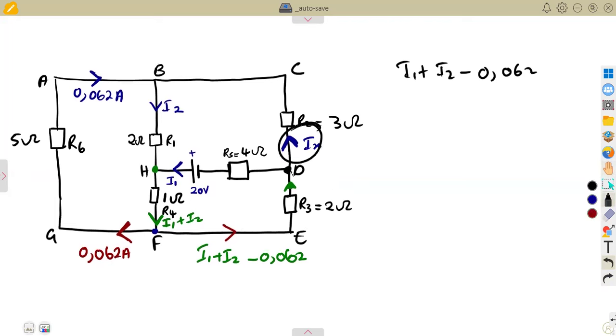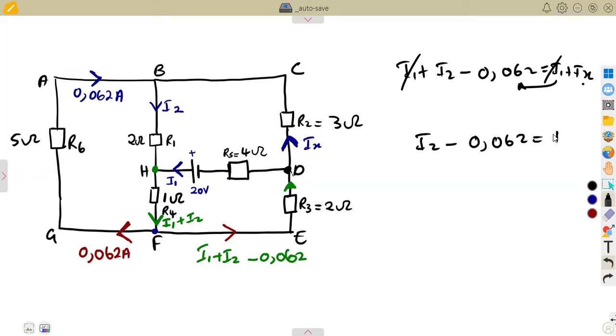Ix, which is the unknown that we want, and this I1, they are flowing away. So this must be equal to I1 plus Ix. We want to find Ix, so take I1 to the other side and the I1s cancel. It is going to be I2 minus 0.062, which is equal to Ix.